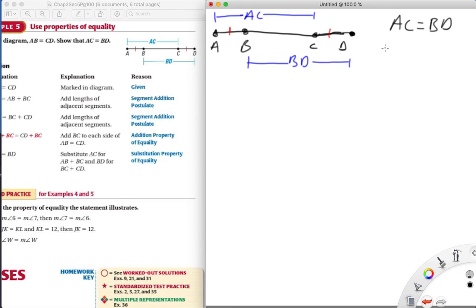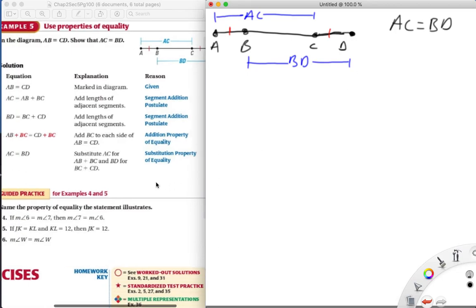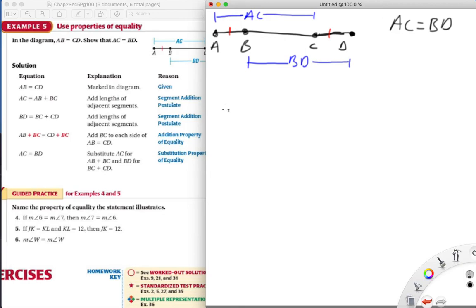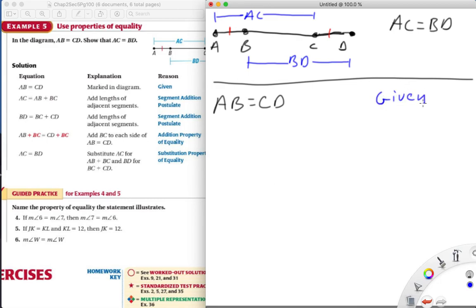Well, we always start our proofs with our given. It is given to us. We know through the segment addition postulate that AC is equal to AB plus BC. Right?